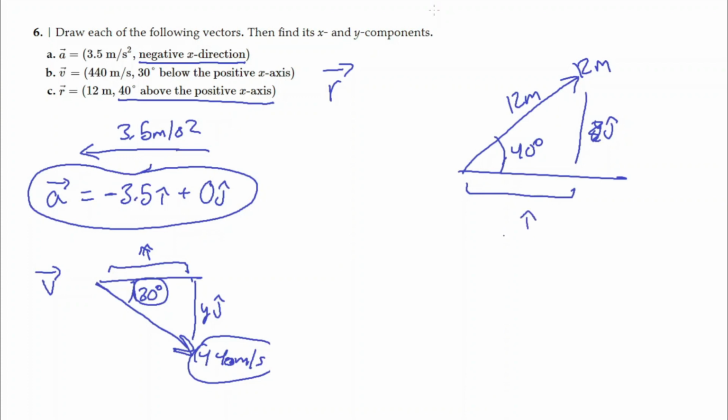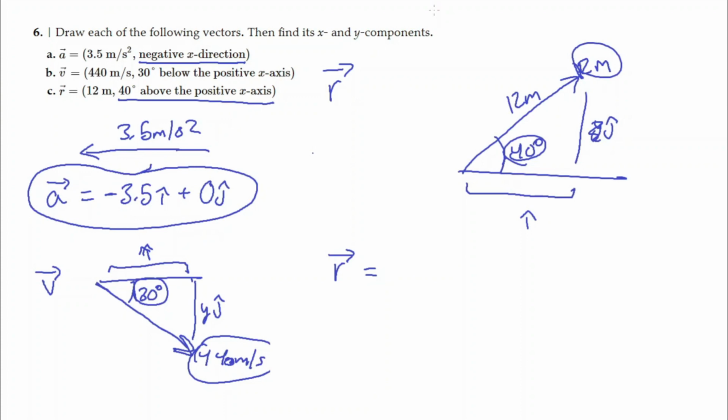So now we're going to use trig functions again, a really similar method to find it. We know the hypotenuse and we know the degrees. For the y component, we're going to use sine, and for the x component, we're going to use cosine.